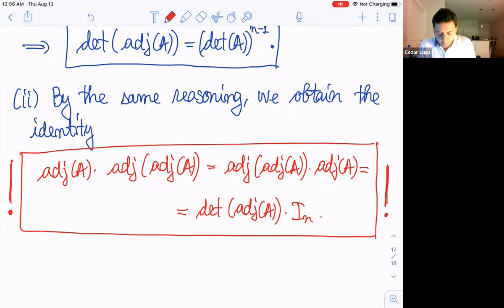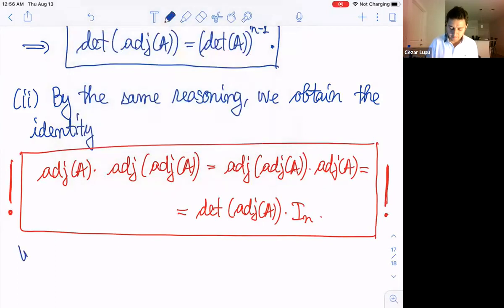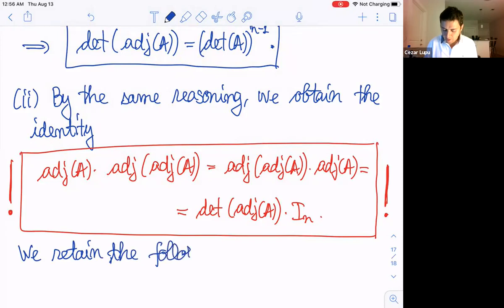But now, we know something about the determinant of the adjugate of A. Let's retain the following information.